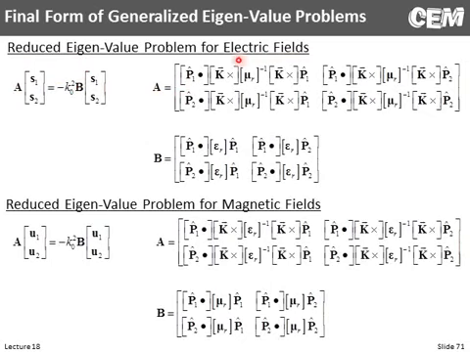We just derived that. And we could have done the same thing for magnetic fields, and we'd end up here as the reduced eigenvalue problem. So this is how to efficiently handle three-dimensional problems. We don't need that original 3 by 3 eigenvalue problem. We've reduced it to a 2 by 2 eigenvalue problem, which is much faster and more efficient to solve.